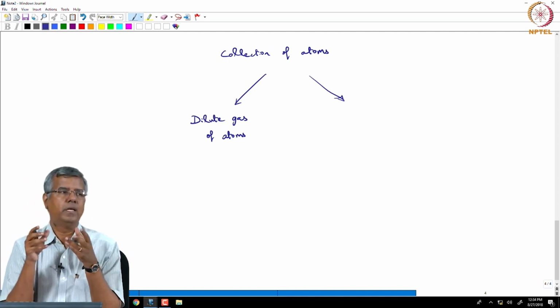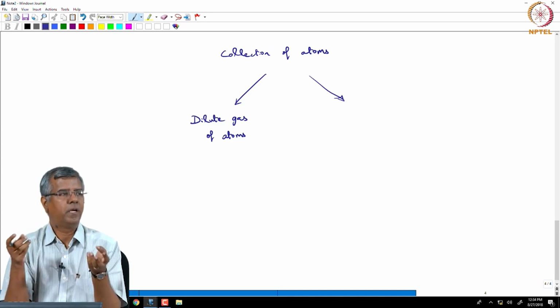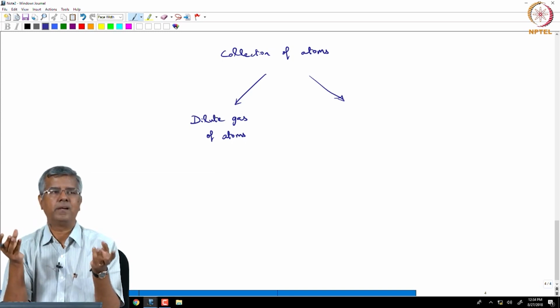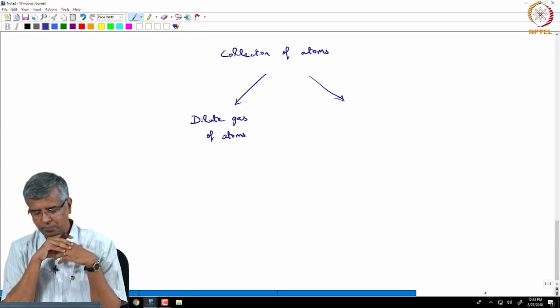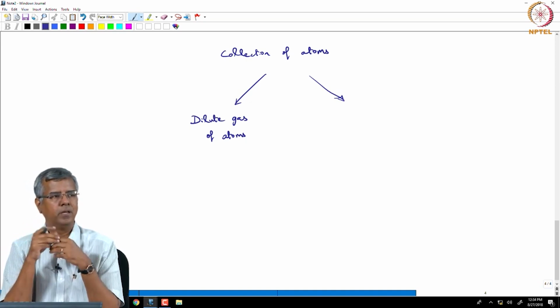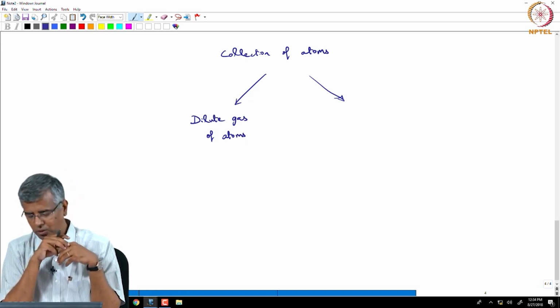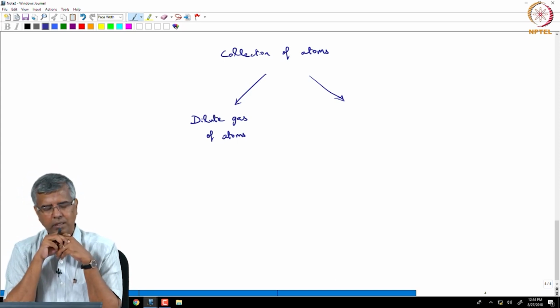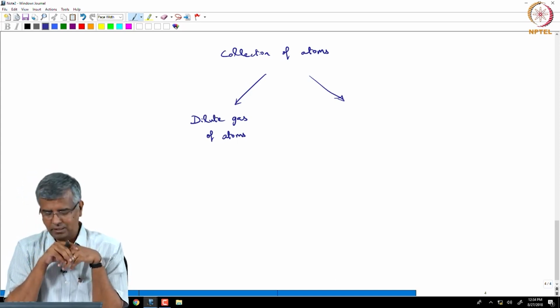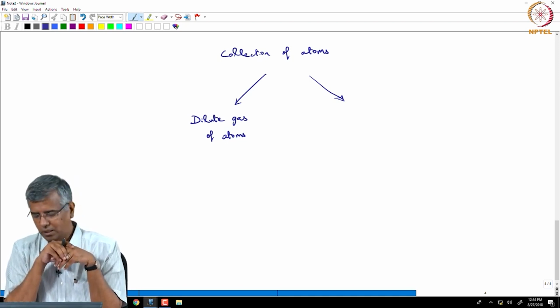Or even in a solid, in a glass matrix, where you are doping it with, let's say, some rare earth ion. The typical doping densities that you are able to accomplish, you can pretty much consider that as a dilute gas of atoms.